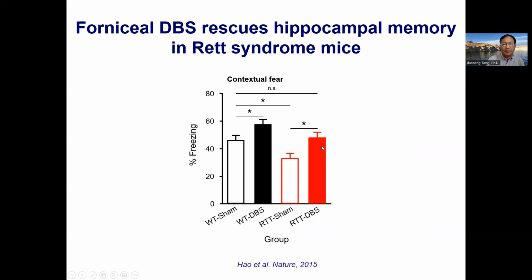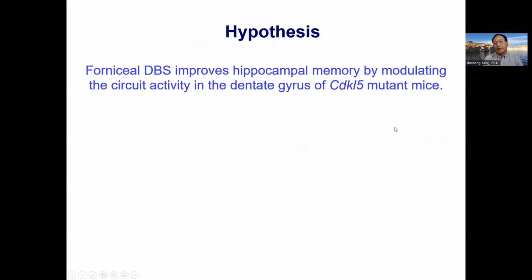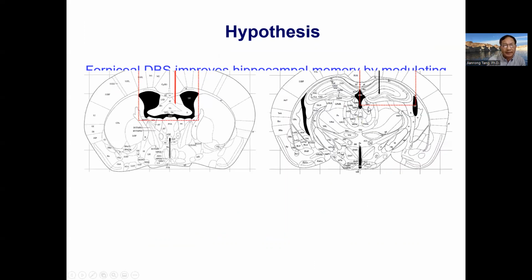DBS increased the memory and rescued it to the wild-type level. So this allows us to hypothesize that 40-hertz DBS improves hippocampal memory by modulating the circuit activity in the dentate gyrus of CDKL5 mutant mice.